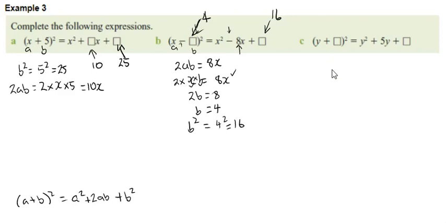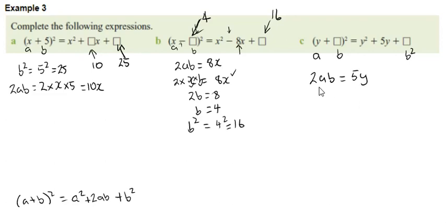Alright, last one. Similar question to part b, but it is a little bit more difficult. So remember, this is my a term, this is my b term. I need to find b before I can find b squared, but I know this term here, we have 2ab equals 5y.